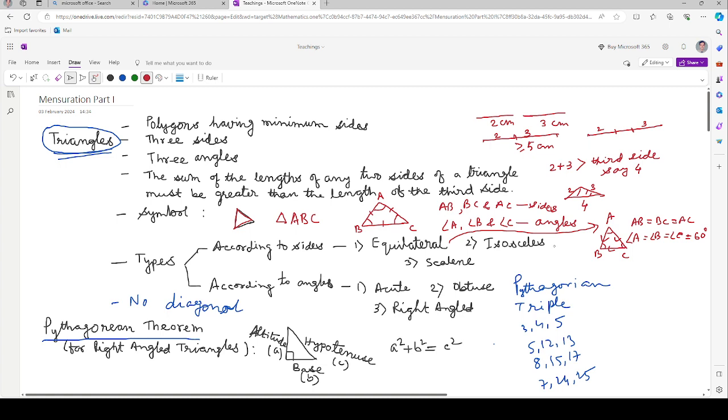Isosceles. What is an isosceles triangle? An isosceles triangle has two equal sides and two equal angles. If AB equals AC, then angle B equals angle C. For an isosceles triangle, if AB equals AC, then angle B equals angle C. So for equal sides, the base angles are equal.